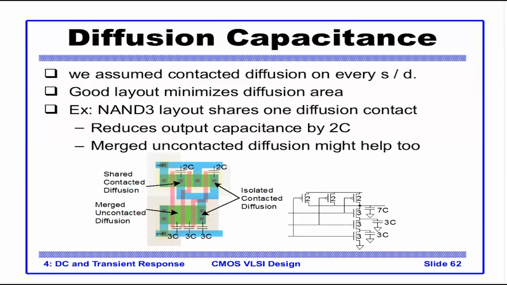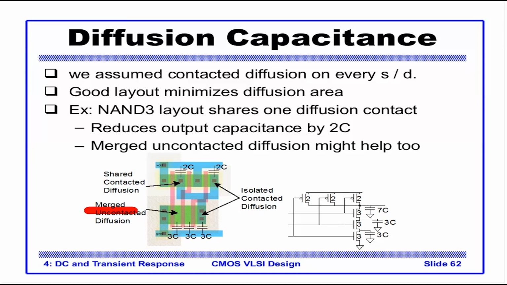We discussed this slide earlier, that wherever possible a good layout will minimize the diffusion area. For example, we saw the NAND3 layout, where the region that says merge in contact is diffusion. Since this part here doesn't need a connection outside, we don't put a contact here, we share the diffusion area.